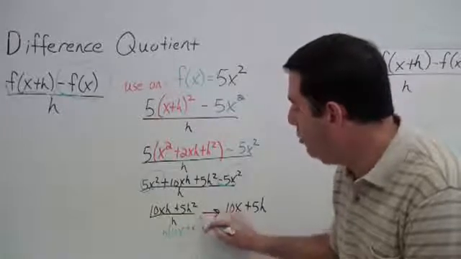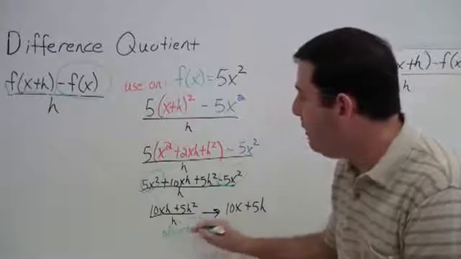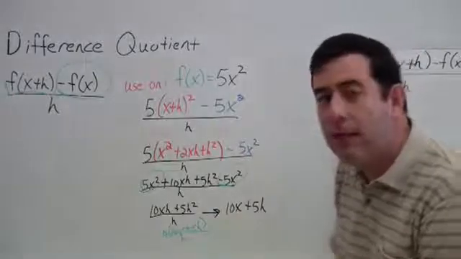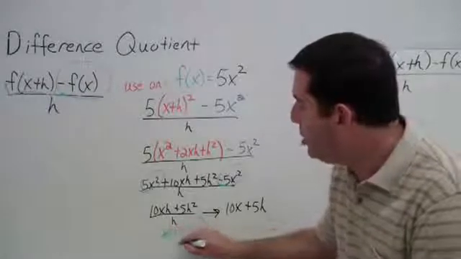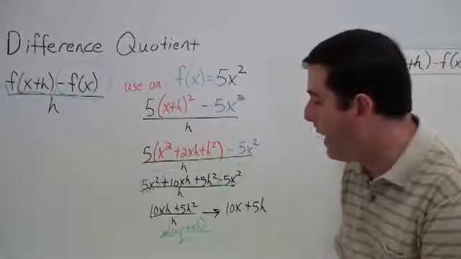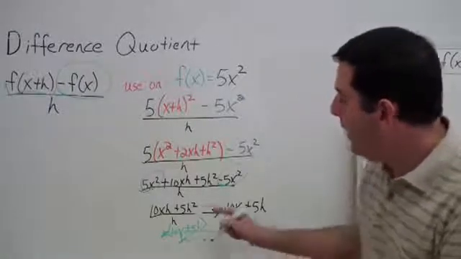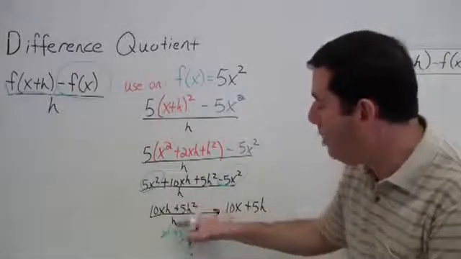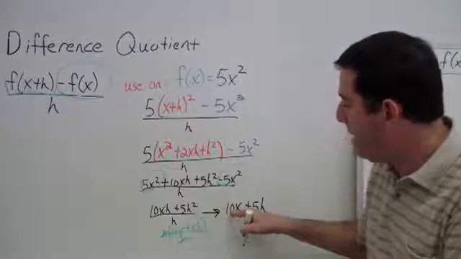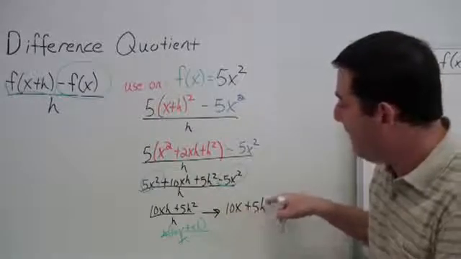It's true that there was more than just an h that was common, but it's only the h that we want to take out so that the h can cancel with the h on the bottom. Our solution then, when you've divided everything on top by the h on the bottom, would be just 10x plus 5h.